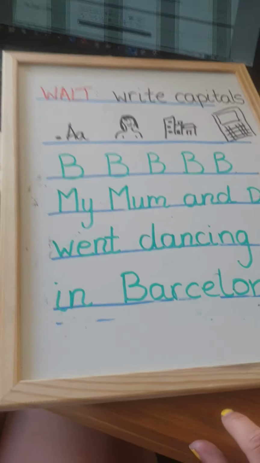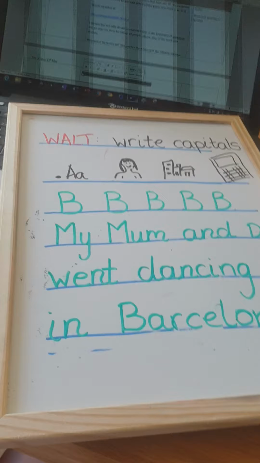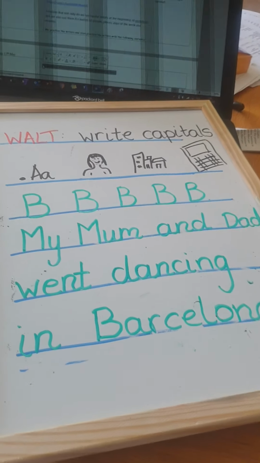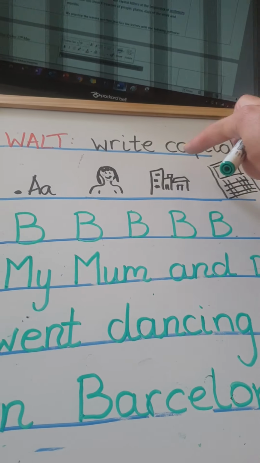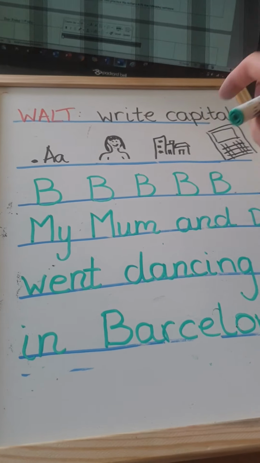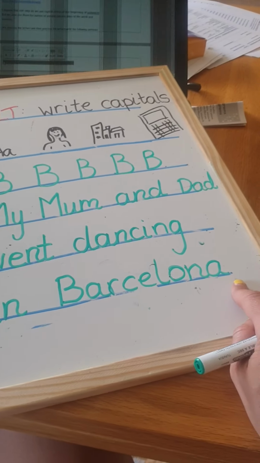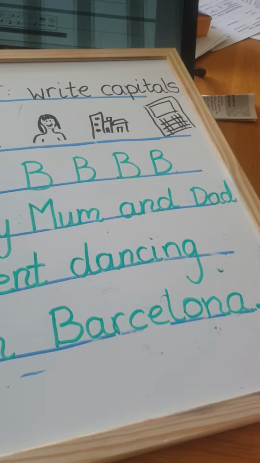Can you tell me why I've used a capital B for the word Barcelona? That's right, it's because it's the name of a place, Barcelona. And what am I missing at the end? That's right, I need to add my full stop.